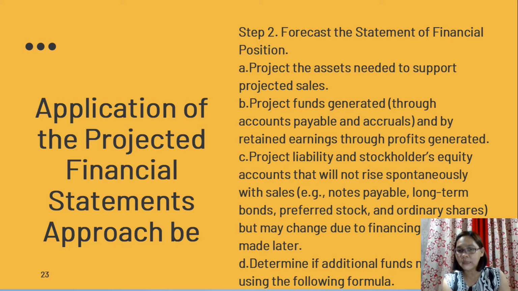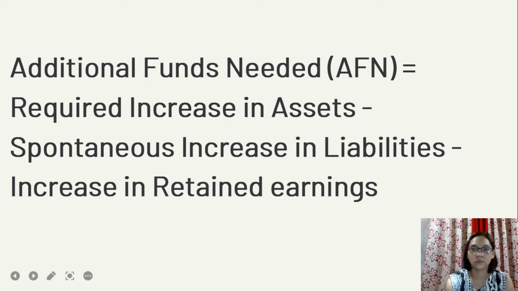Now, to determine the additional funds needed, we can use the formula given. Let's go to the next slide. Now, to determine if additional funds are needed in a certain business, we can use this formula.